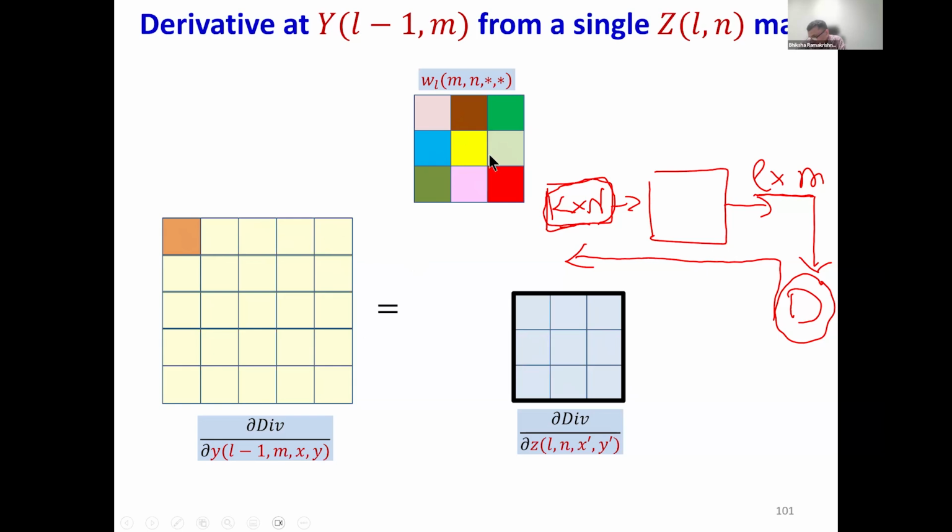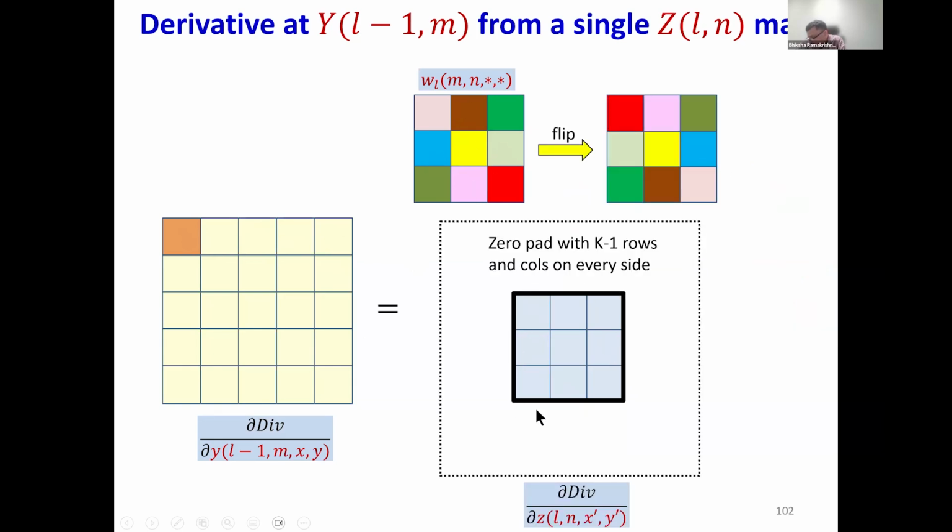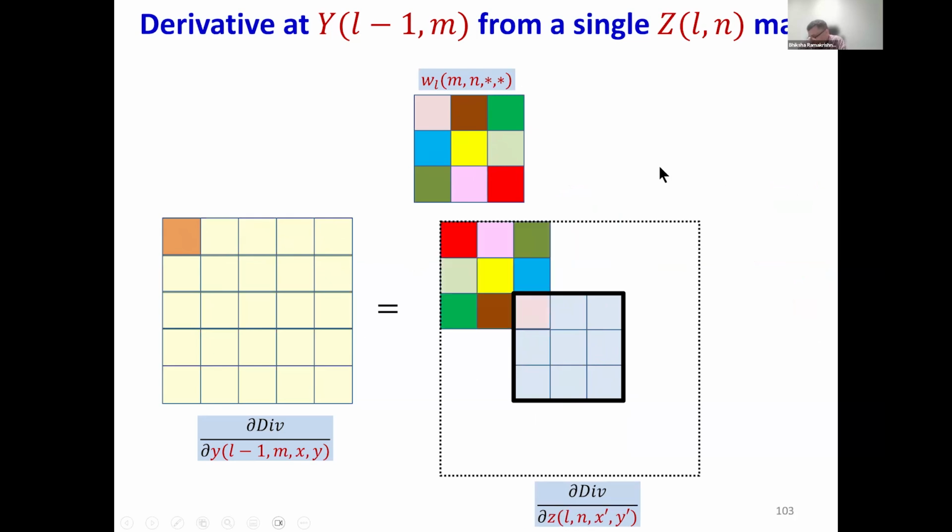So if the filter is k wide and k tall, what we are going to do is zero pad the derivative map for z with k minus 1 rows and columns of zeros on every side. And then subsequently, we're going to flip this filter left to right, top to bottom. And then you place, so all of this blank area are zeros.